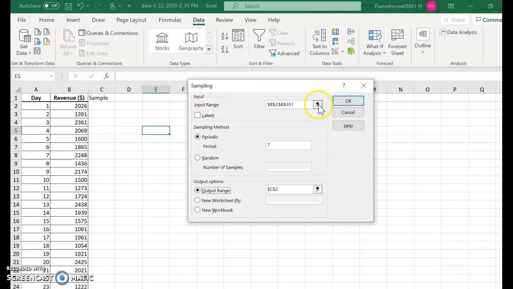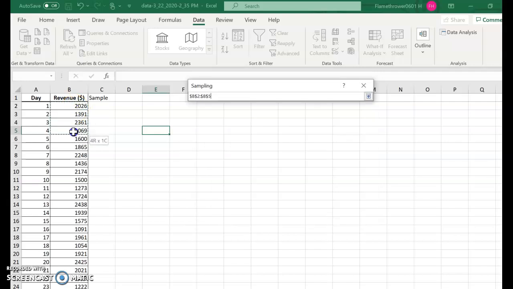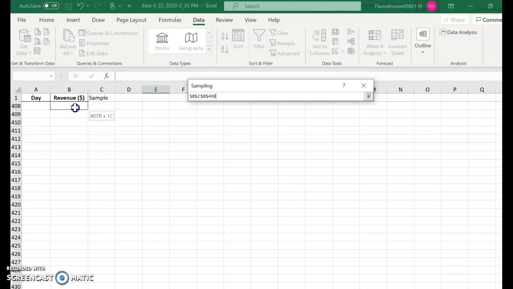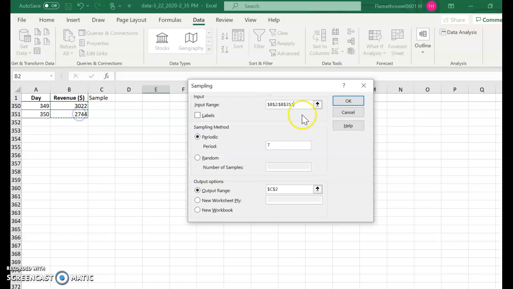Now, your input range: I've already put the input range, but I'm going to show you again. You're going to highlight all of your revenue values. Okay, I went a little too far. And then your period, K, is going to be 25, so you're going to put 25 there.